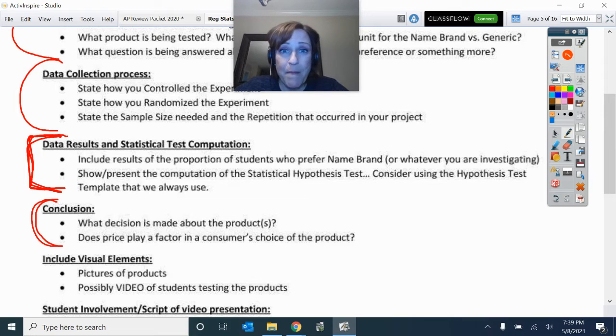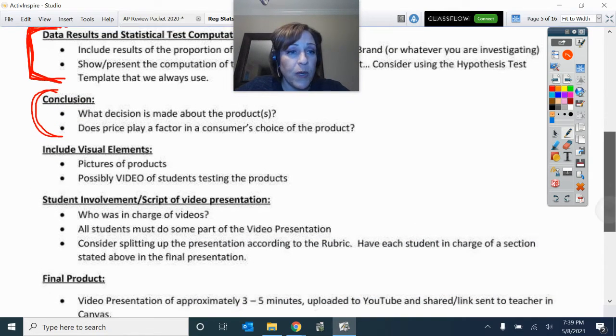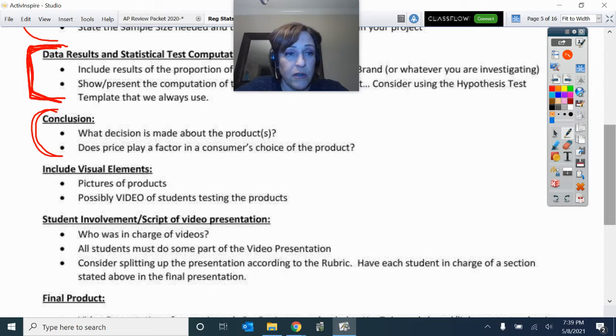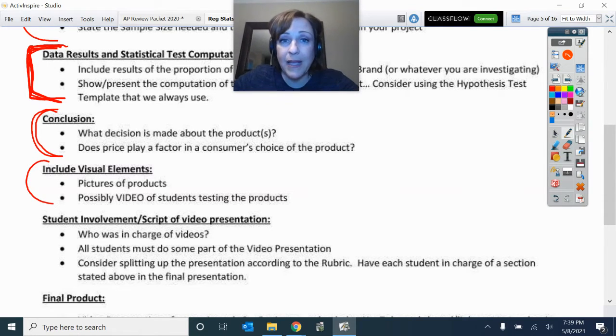So at the very minimum, you've got 4 slides, but again, I think this section should be multiple slides. Now, you want to make sure that you include visual elements, pictures of the products, possibly even a video if you had taken video while this process was going on.